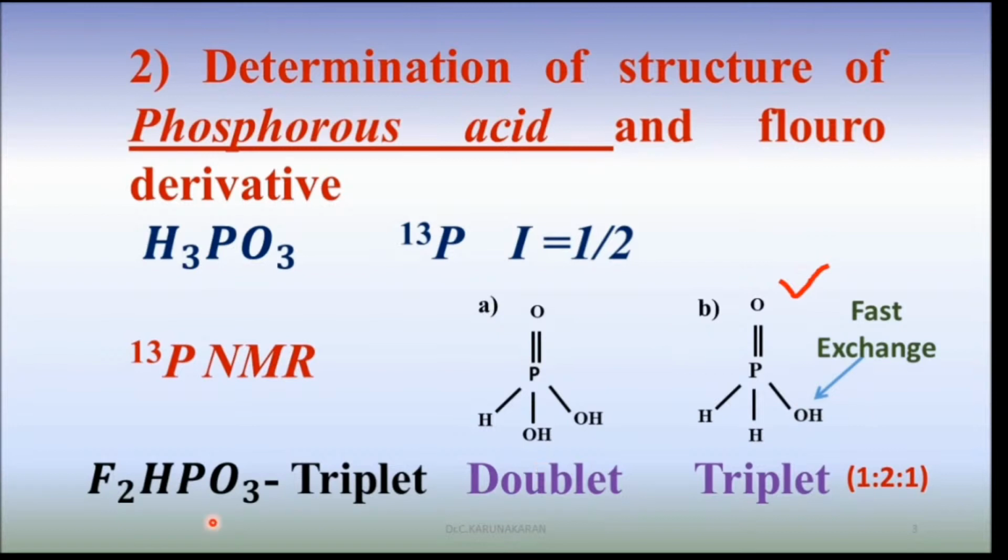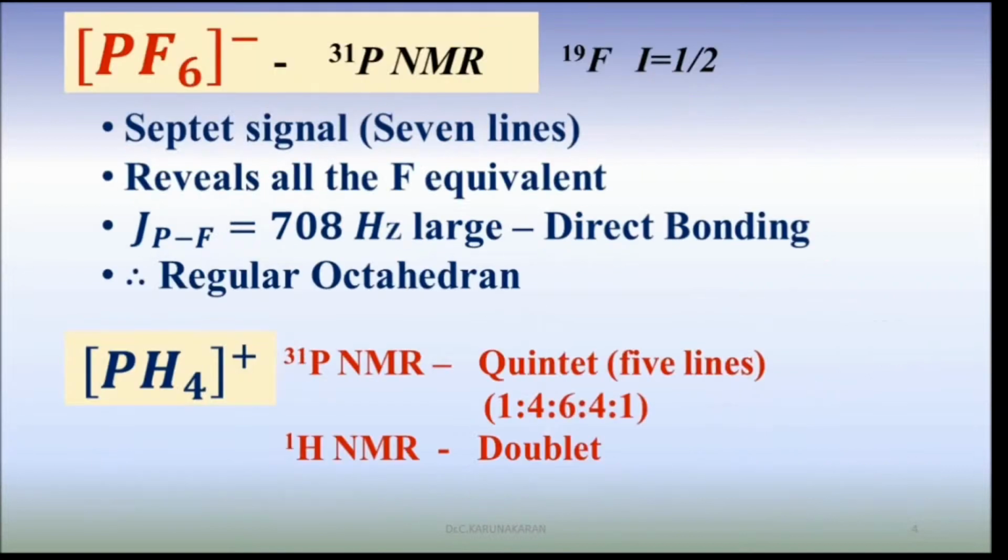Similarly, the structure of fluoro derivatives is also obtained. What is the structure of PF6 minus? It is elucidated using phosphorus 31 NMR. Sorry, previously I said phosphorus 15; phosphorus 31 is the mass number.